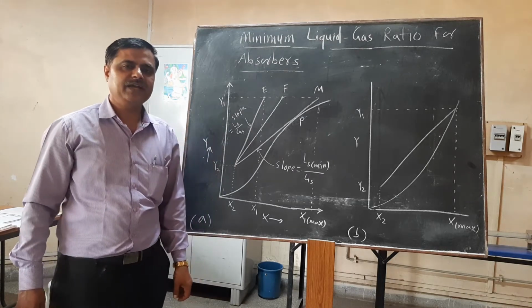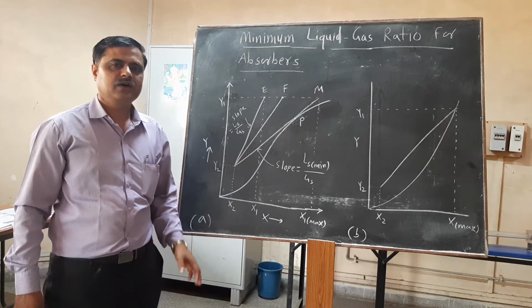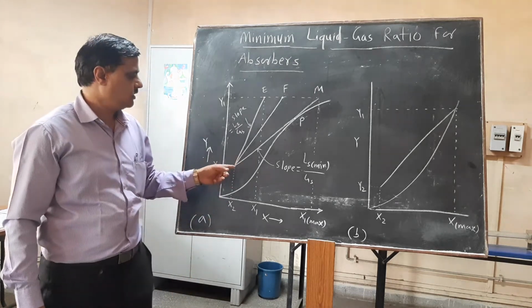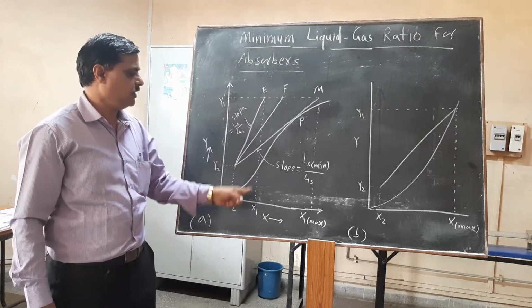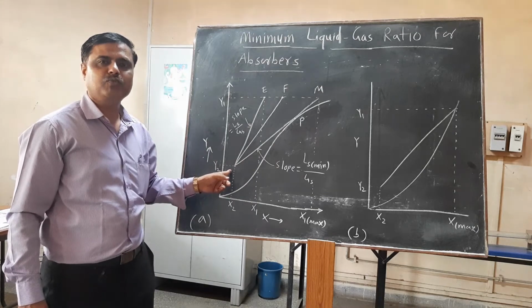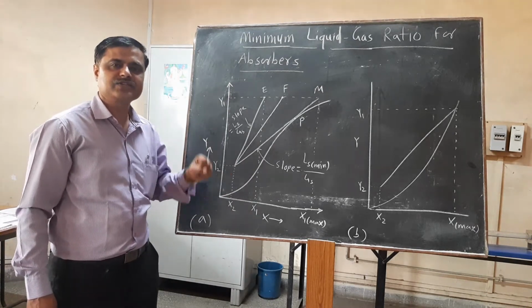The operating line for the absorption column lies above the equilibrium curve and passes through the two points x1 y1 and x2 y2, with a positive slope, that is Ls by Gs.